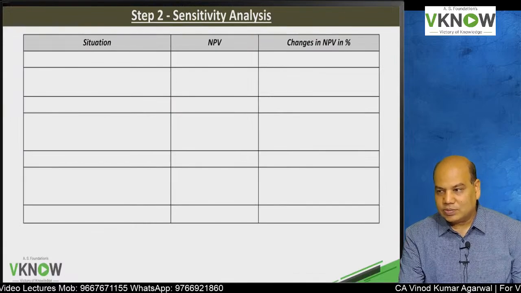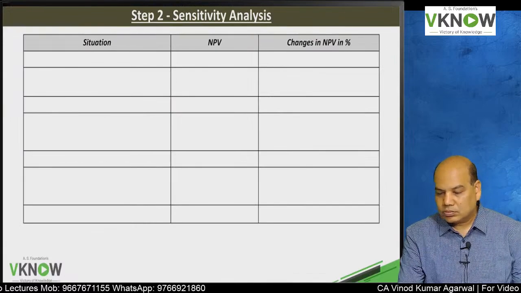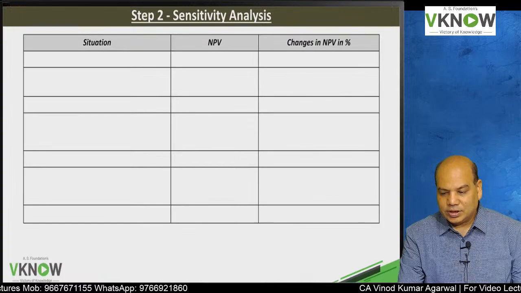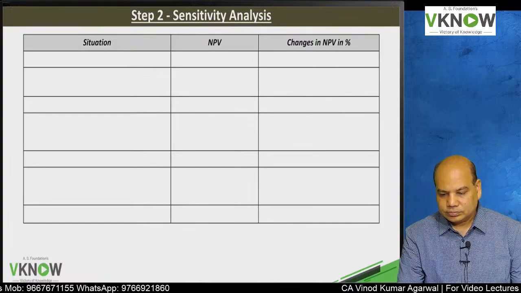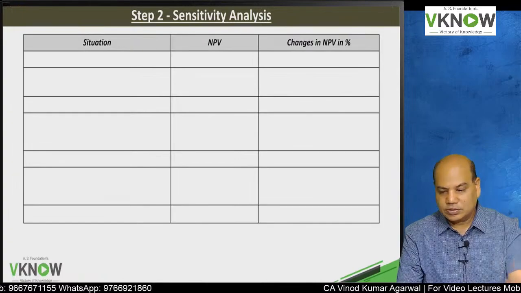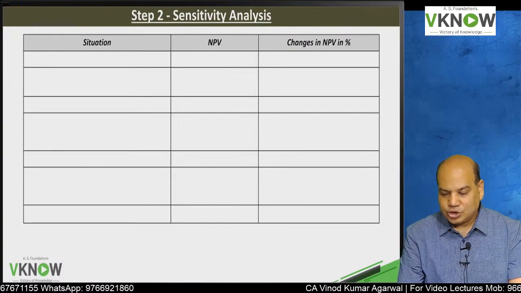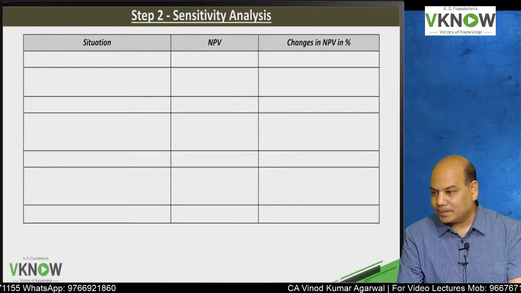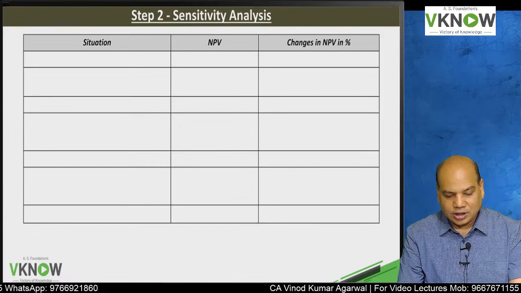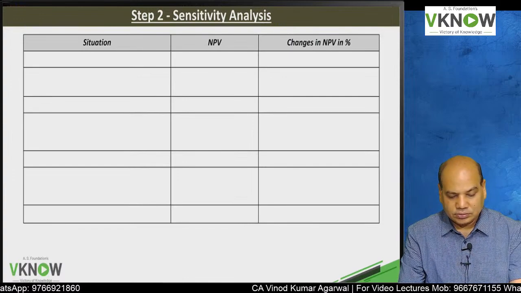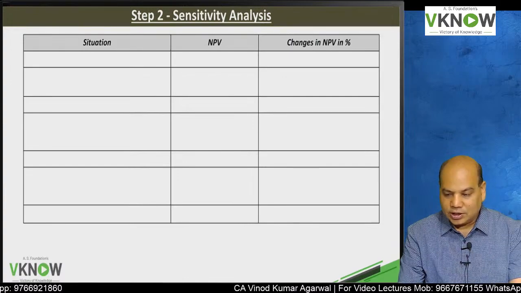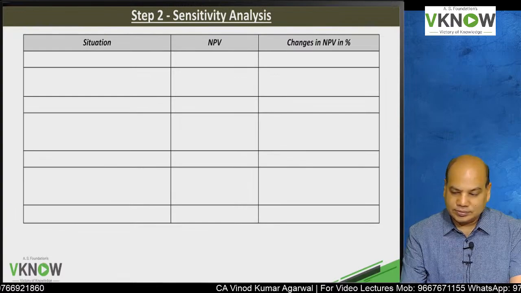Now write down step 2, sensitivity analysis. Draw three columns: Situation, NPV, change in NPV in percentage.